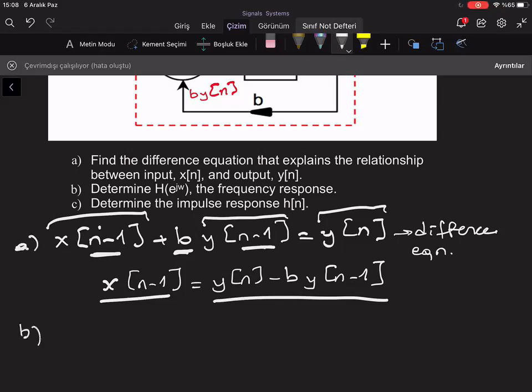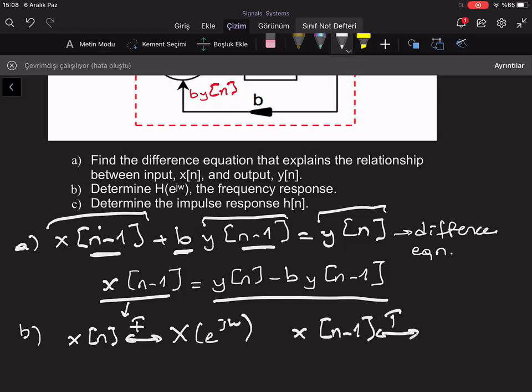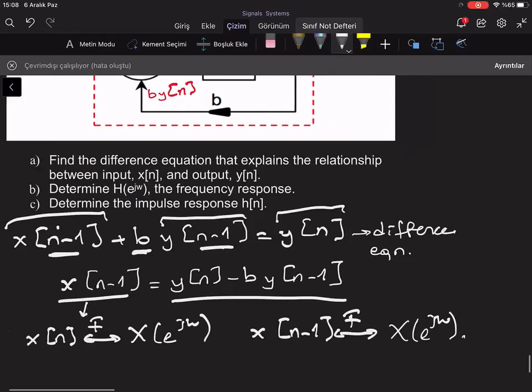B, determine H e to the j omega, the frequency response. How do I find it? I make a change from time domain to frequency domain. The Fourier transform of x of n is X e to the j omega. If you think about x n minus 1 as my function, then I will have X e to the j omega times e to the minus j omega.